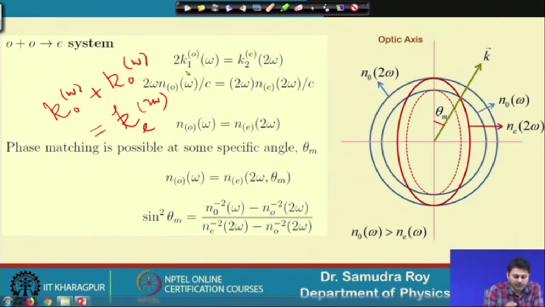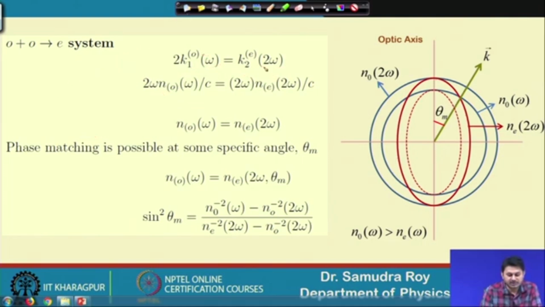That means 2 of k1 equals k2, where k1 means ordinary and k2 is extraordinary, written as O and E, and the frequency is 2 omega for k2 and omega for k1. If I use this expression and convert it in terms of refractive index, k1 is omega divided by c times n of omega, the ordinary wave with frequency omega.